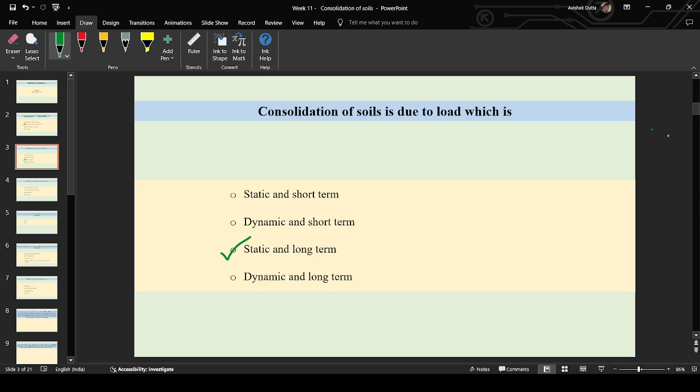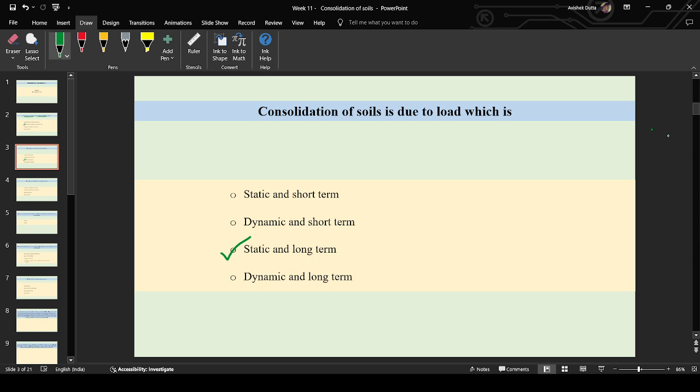Dynamic and short term load is required for compaction. For example, when you perform the laboratory Proctor compaction test manually, on every blow of the rammer on the soil, the force of your hand will not be the same, right? So it is a dynamic and short term load.